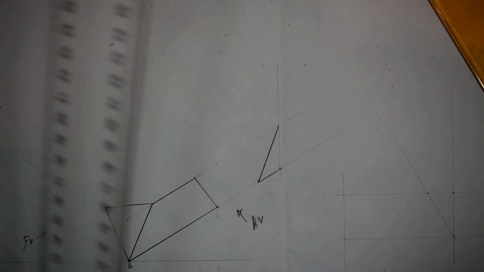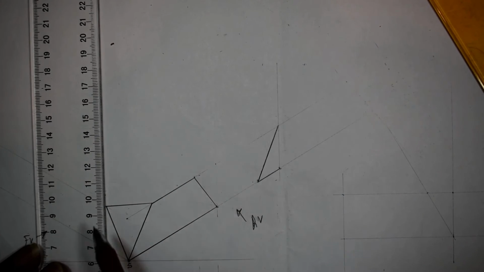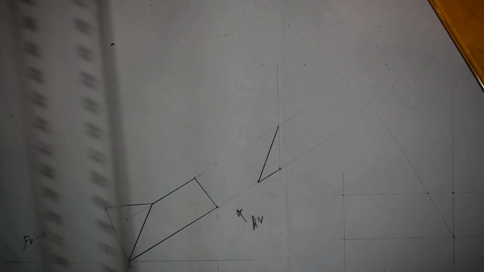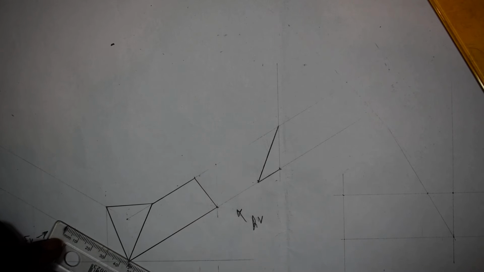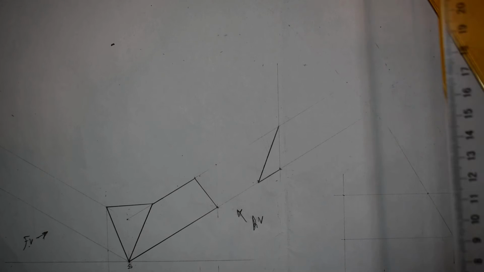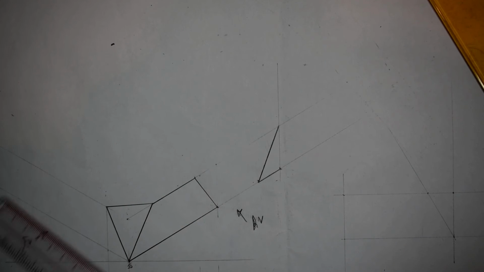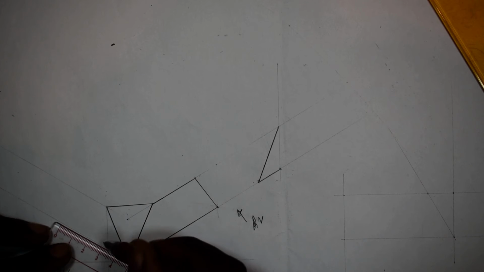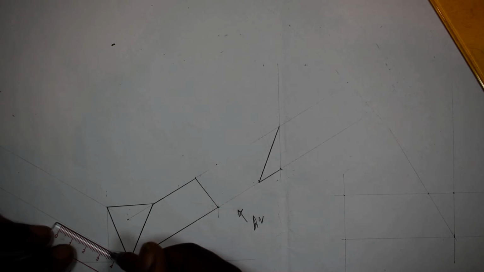So the 15mm is this one. From here till here is 15, right? Then where your 15 ends, they said is 33. This one is going to transport enough. This is 30, this is 35, this is 33.